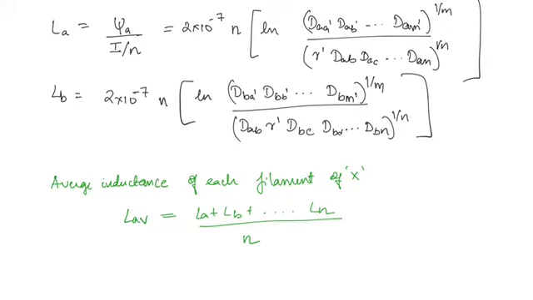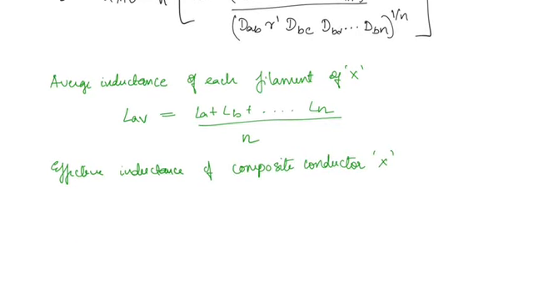Now what will be the effective inductance of the composite conductor X? Since all of these filaments are in parallel, you can visualize it like there are n inductors in parallel and each of the values of this inductance is one and the same, which is the average value. Then what will be the equivalent value of the inductance?